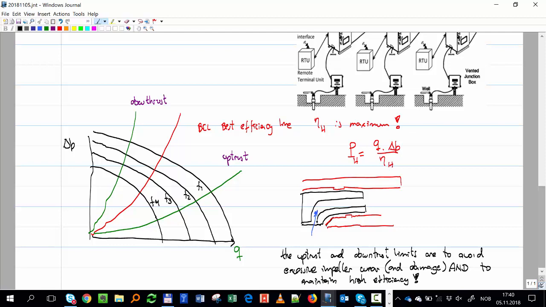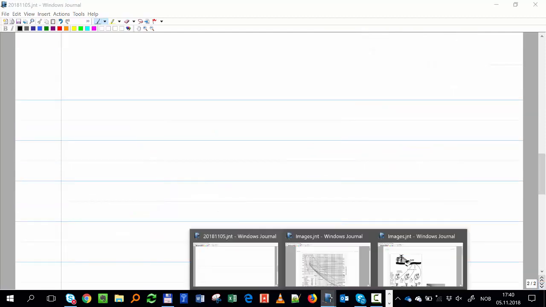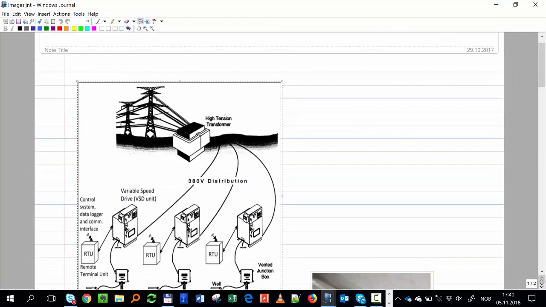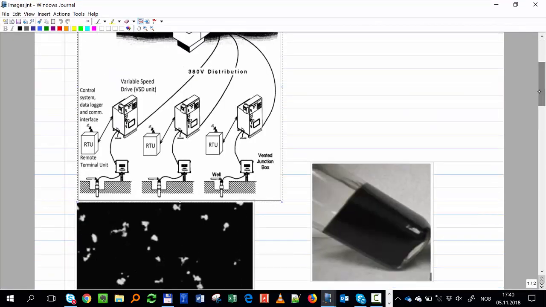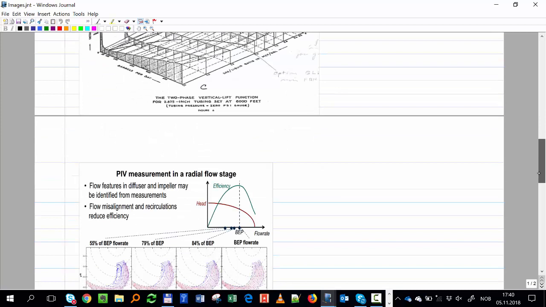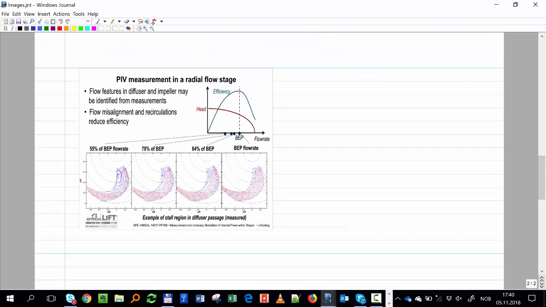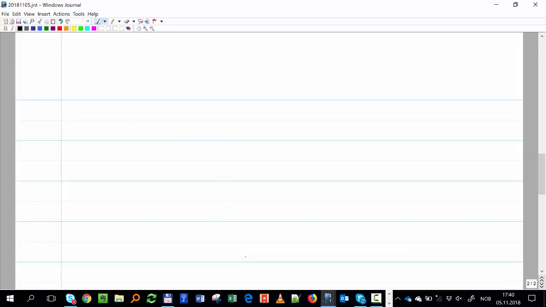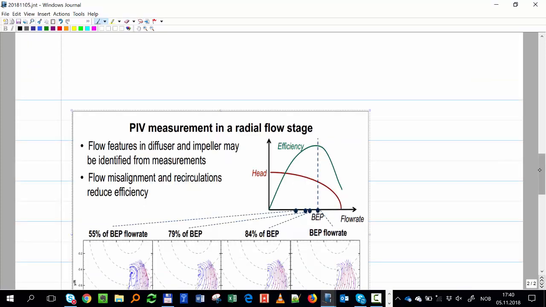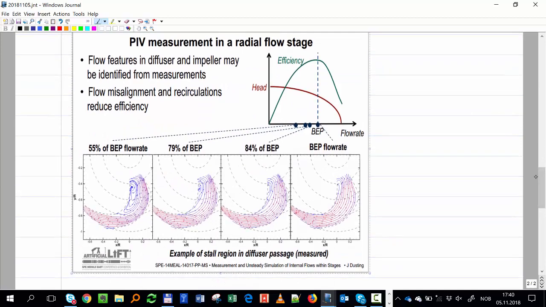And that I'm going to show with another figure I have, which is very nice. Which is this figure. And that is the flow.